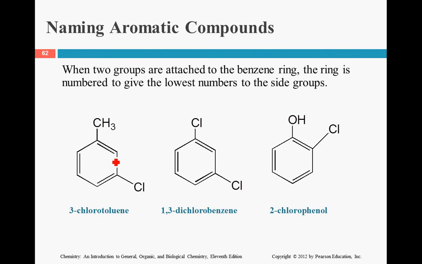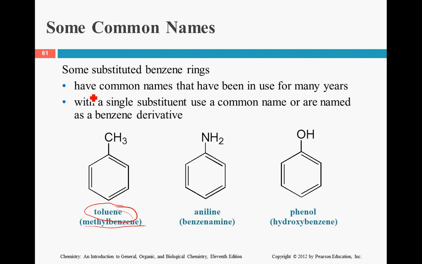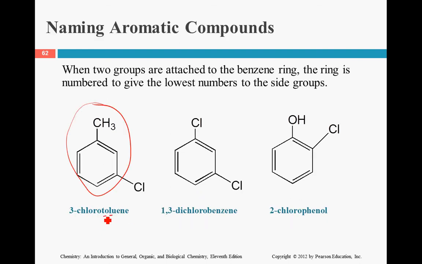So when we're looking at this, when we're trying to name, here's that CH3, the toluene. So instead of putting benzene at the back, they put toluene. Then you look for the substituents.